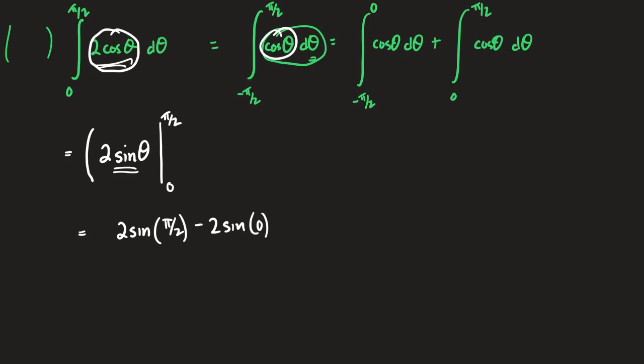So basically, we apply our function from the final limit to the original limit. So this will be 2 sine pi over 2 minus 2 sine of 0. You take this limit, put it in first, and subtract this limit.